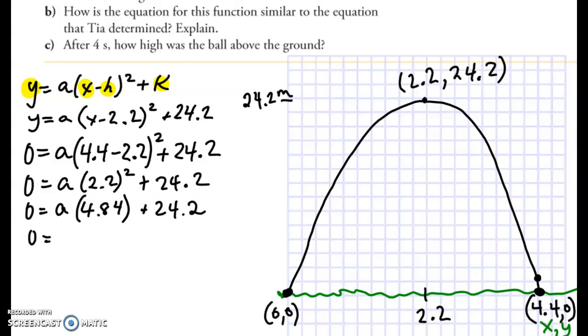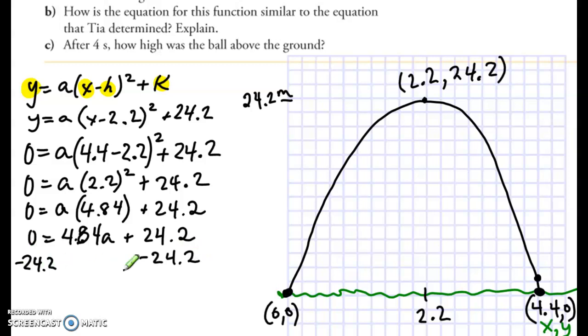Now, usually we don't put the variable multiplied by the number. We usually write the number in front of the variable. So I'm going to rewrite that. Now next we subtract here, on both sides.